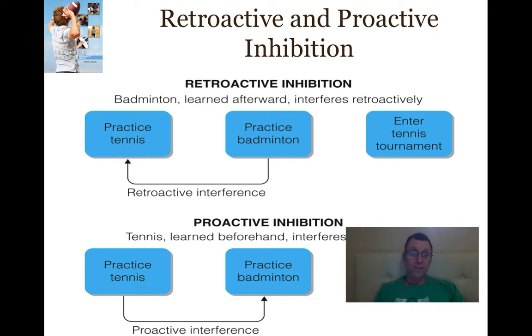Whereas with proactive, you play tennis, then you play badminton, and then you play badminton again. That tennis originally affected your ability to get good at badminton, right? And badminton and tennis are relatively similar, two racket sports, where you're hitting a moving target, a ball or a birdie. That potential for inhibition there is quite large. If we're comparing tennis to soccer or badminton to volleyball, there's not so much potential for that inhibition to occur.